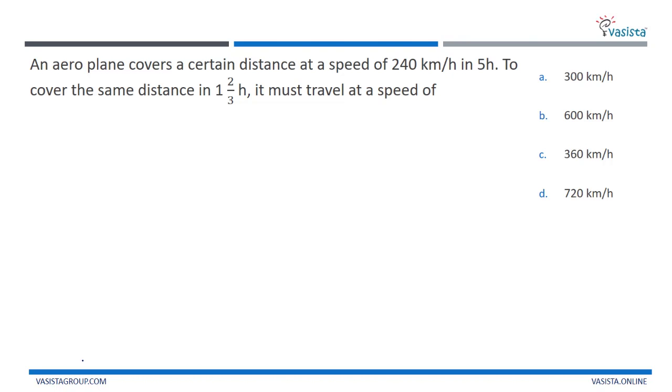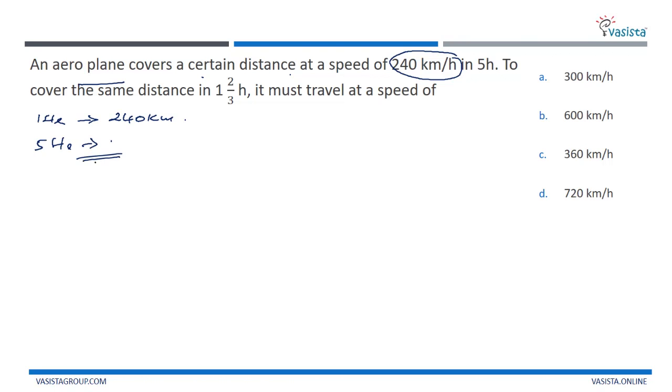right. What we are supposed to find out here, you should read the problem carefully. An aeroplane covers a certain distance at a speed of 240 km per hour. That means for 1 hour, it is going to cover how much distance? 240 km. For 5 hours, how much?